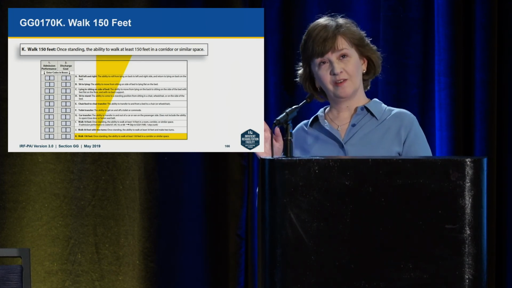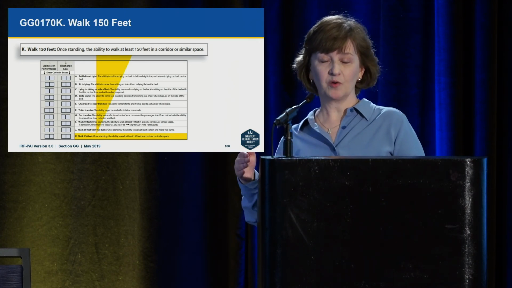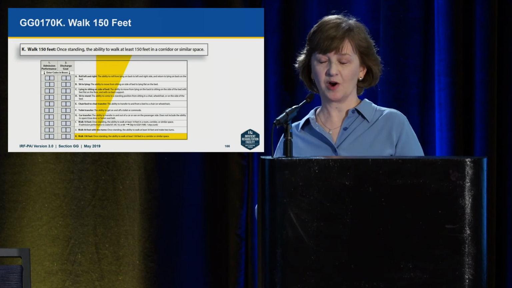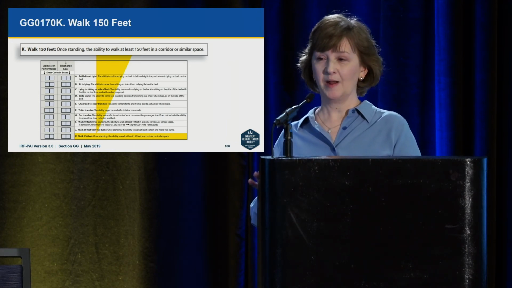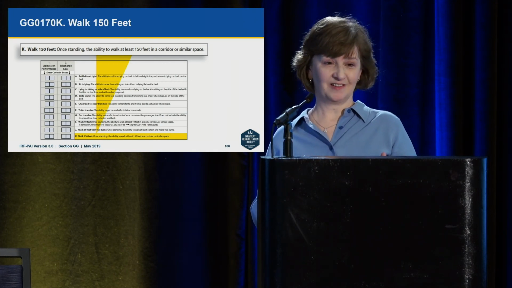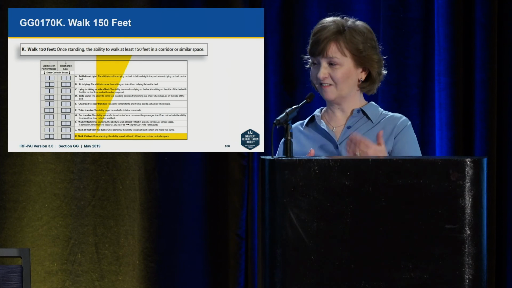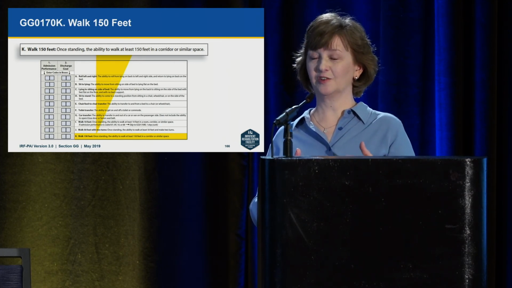So with going distances in a wheelchair, when somebody manages part of the distance, and you'll see this in examples, you can code based on that. But with walking, the person has to walk the entire distance: either the 10 feet, the 50 feet with 2 turns, or the 150 feet for the activity to occur.